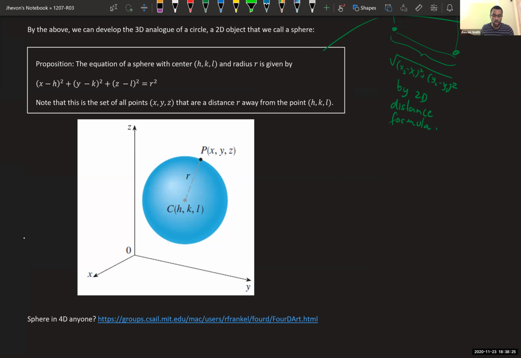So essentially what you want is the set of all points x, y, z that are the same distance r from some point h comma k comma l, which means r must be the square root of the distance formula. And so r squared is just going to be the sum of these squares here.